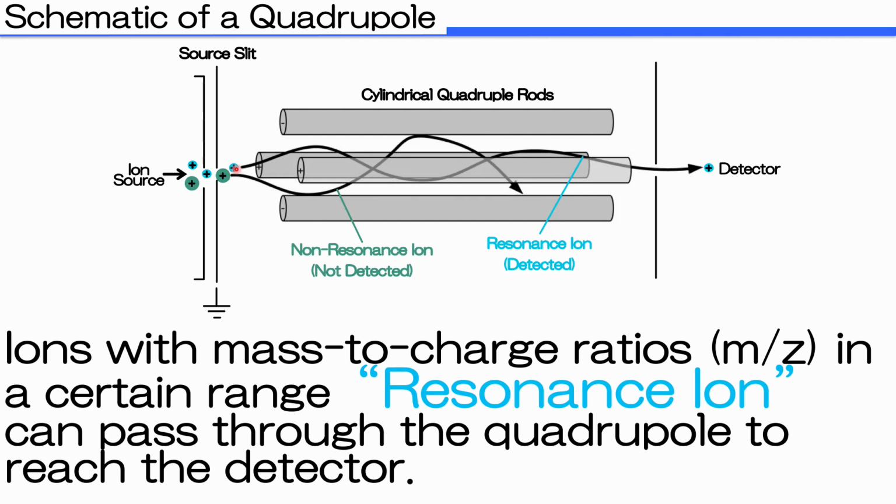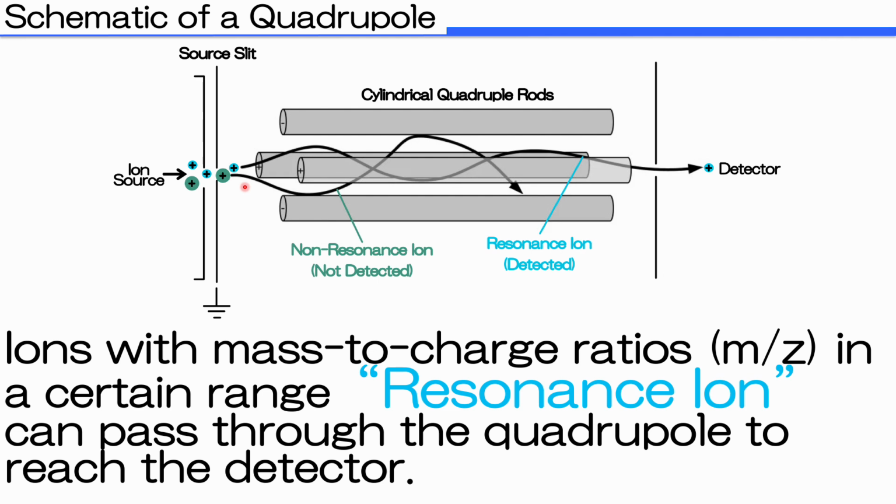Ions with a mass to charge ratio in a certain range, which are resonance ions, can pass through the quadrupole to reach the detector.